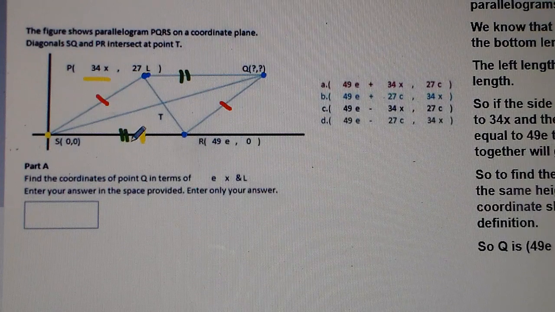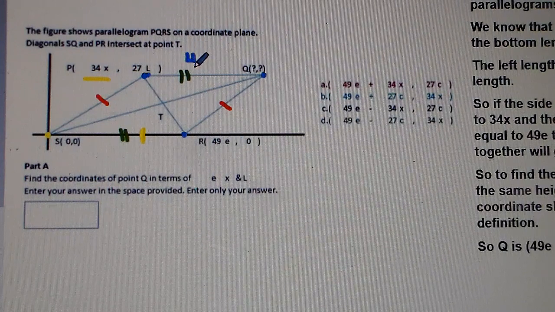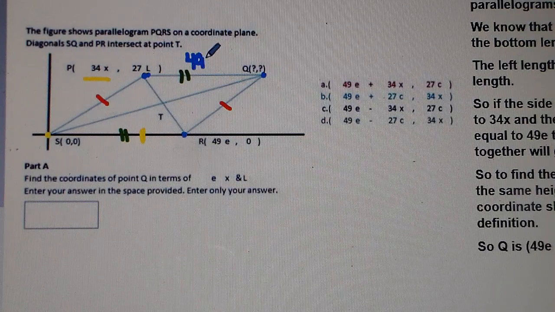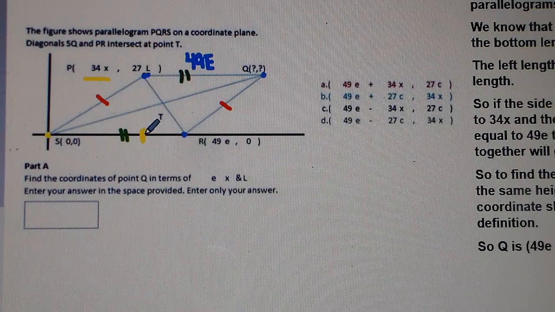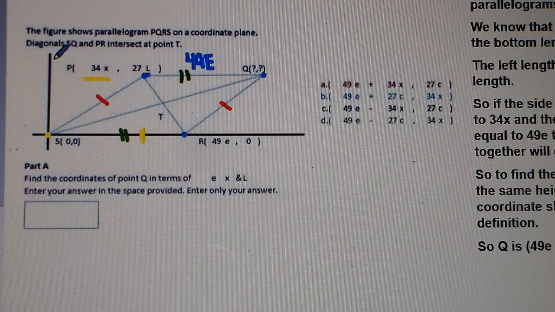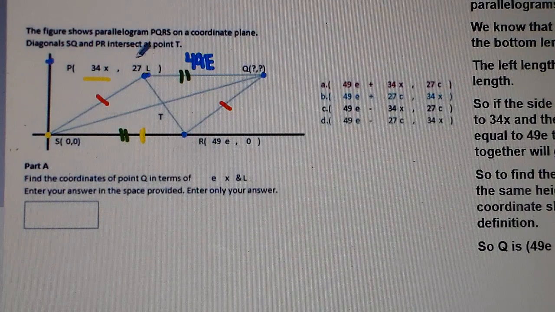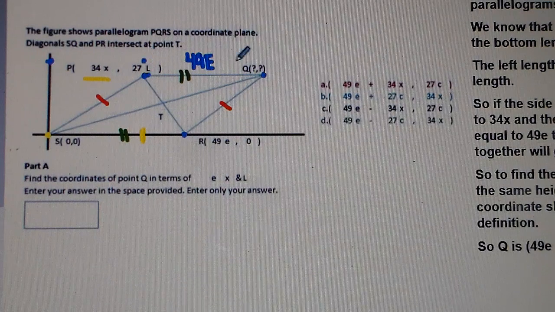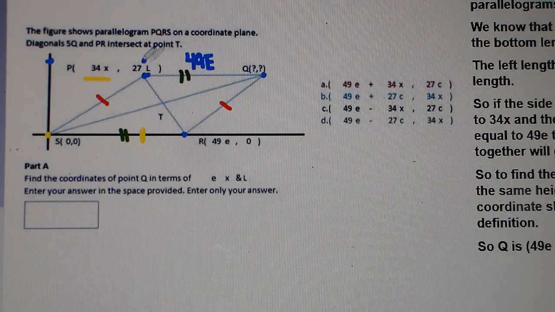And since these are both the same, that means this top length is 49e. So from the yellow dot to that little marking tick, which is the same as up here, is 34x. So the distance from here to here is 34x. And from here all the way over is 49e.